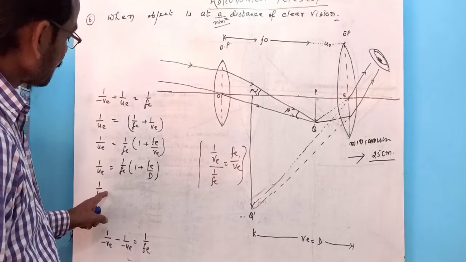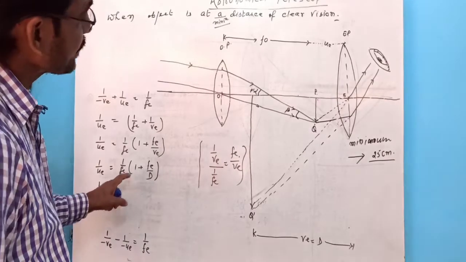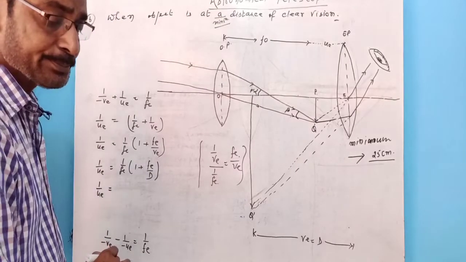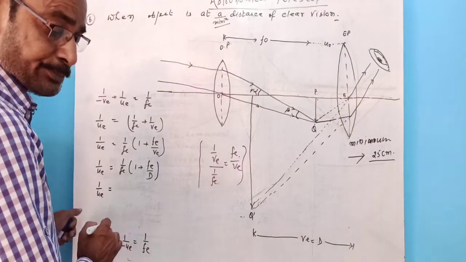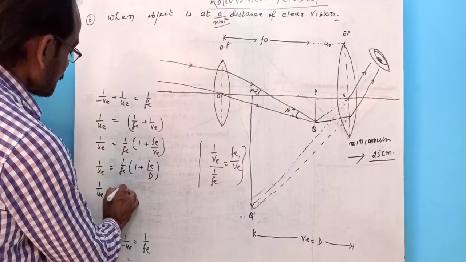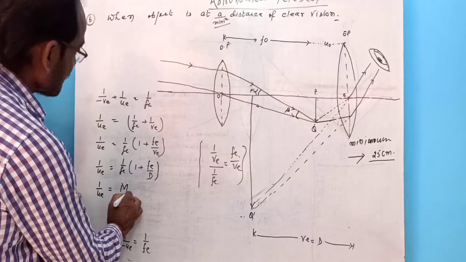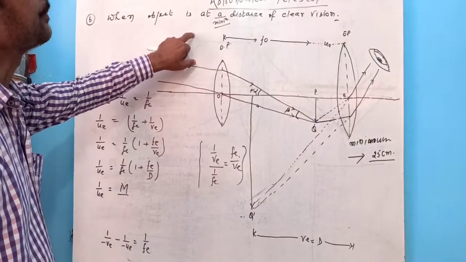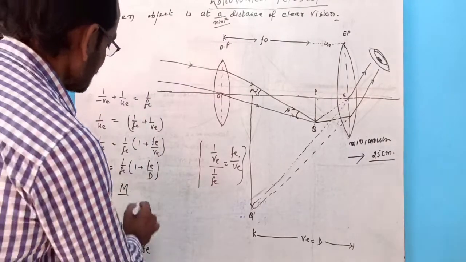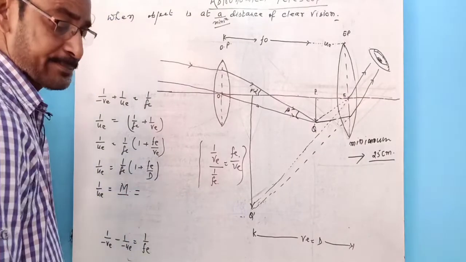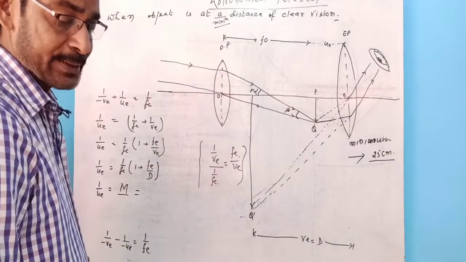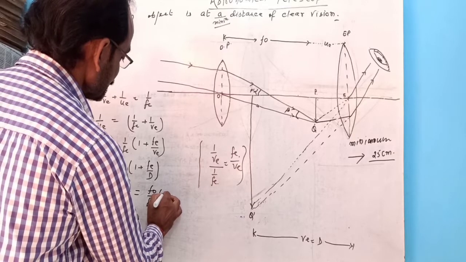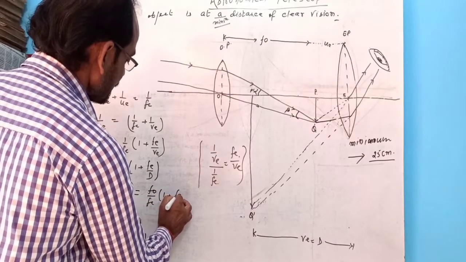After putting the value of UE in the first and second equations, we get the magnification of the lens for the second condition, when the image is at the minimum distance of clear vision, which we represent as FO upon FE into 1 plus FE upon D.